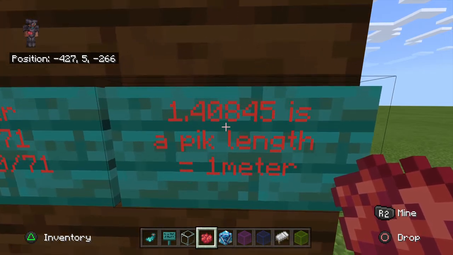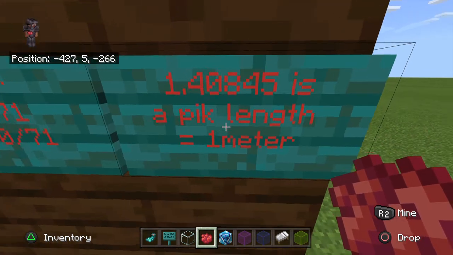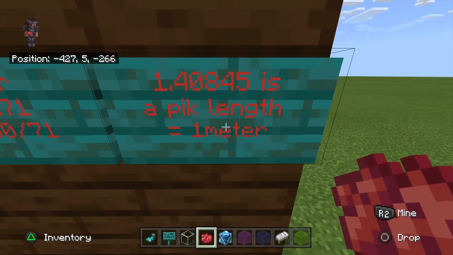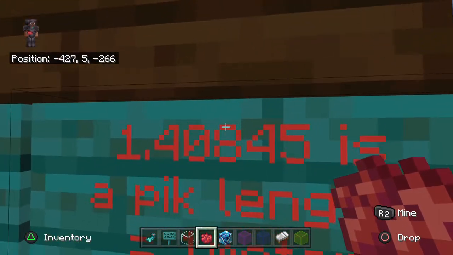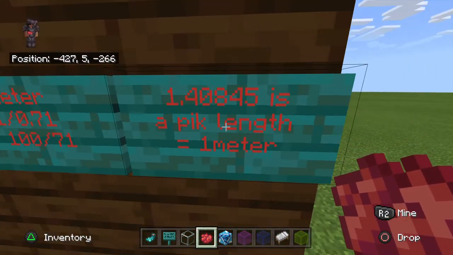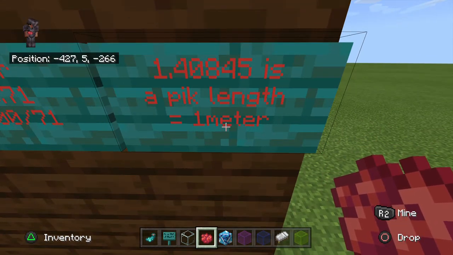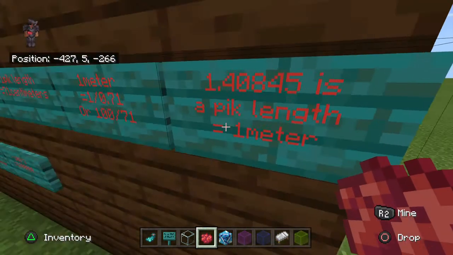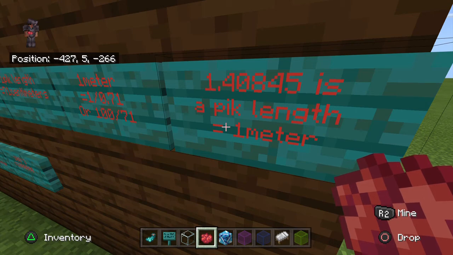But this number, 1.40845, isn't the full length of the number, but it is a pick length equaling 1 meter. So 71 pick lengths is 100 meters.